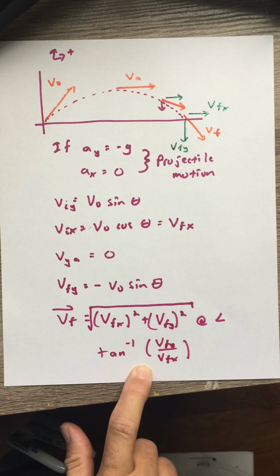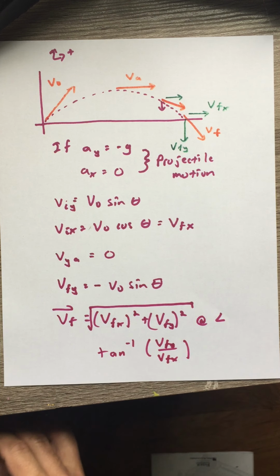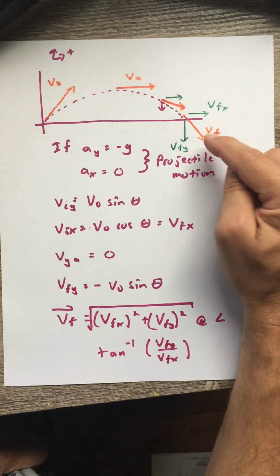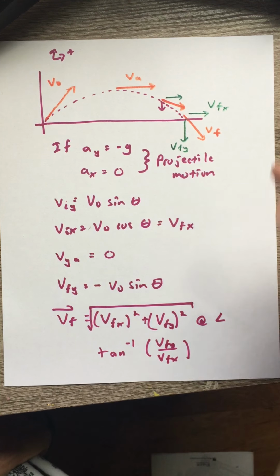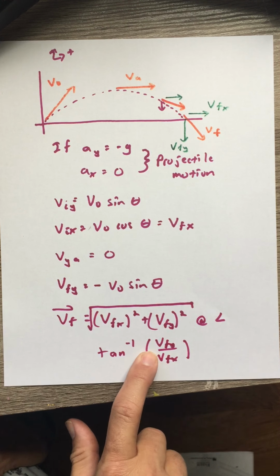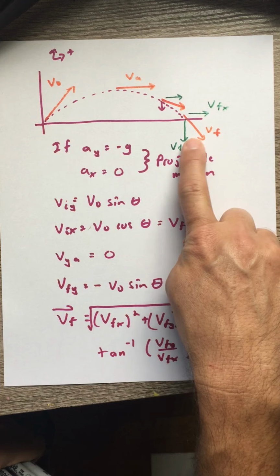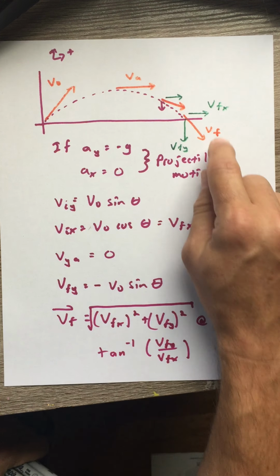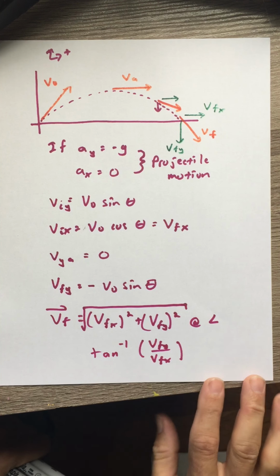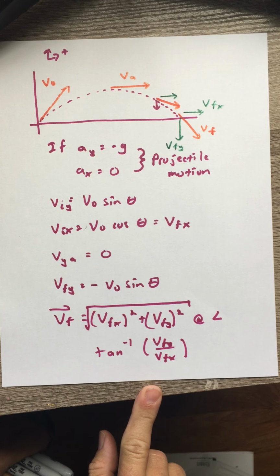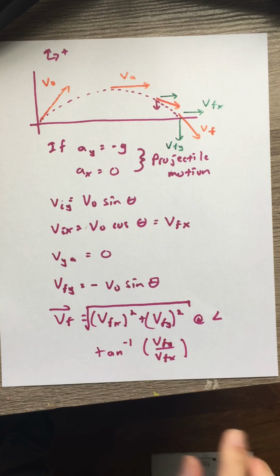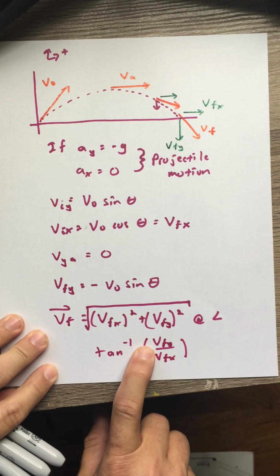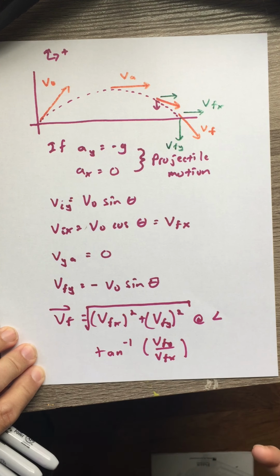Now, you've got to be careful, as we've talked about with tangents. If you're talking about this vector and you plug in the negative, v final y is negative, right? This will give you the correct angle below the x-axis. What I'm saying is if you plug in a negative value for one of these, it's going to give you a negative angle.